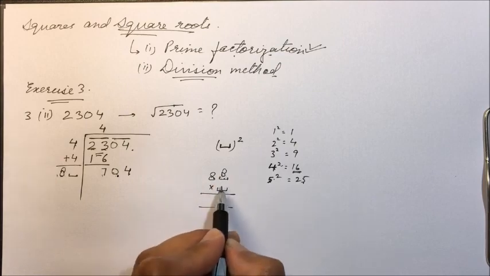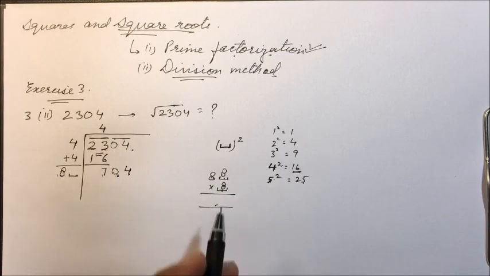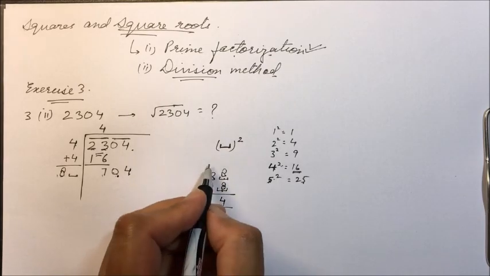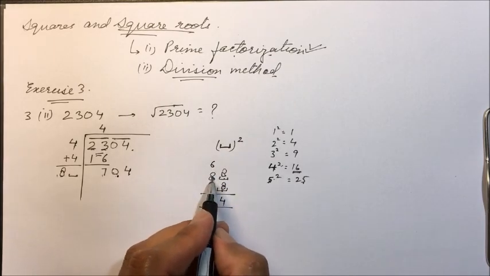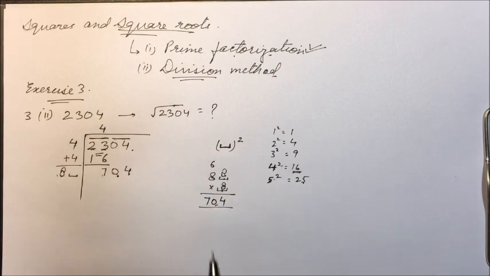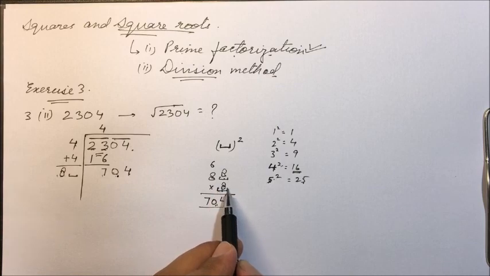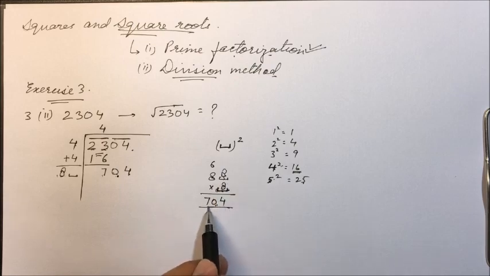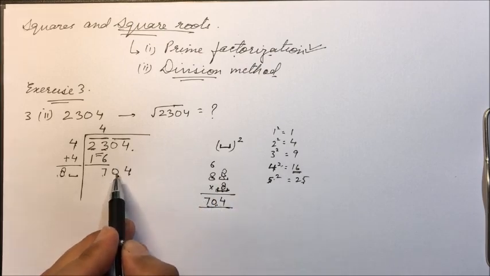8 eights are 64, 6 carry. 8 eights are 64, and we get 704. So when we take the digit as 8 and multiply it with 88, the product comes out to be 704, and 704 does not exceed this number.